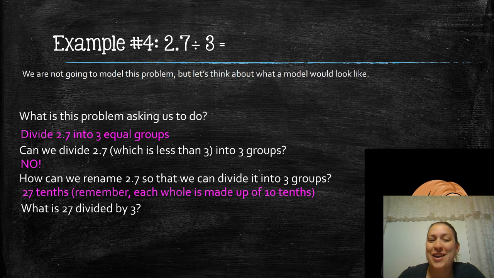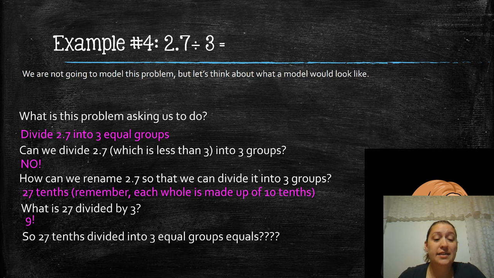So what is 27 divided by 3? It's 9. So 27 tenths divided into 3 equal groups equals what? 9 tenths, which is our solution for this example, okay?